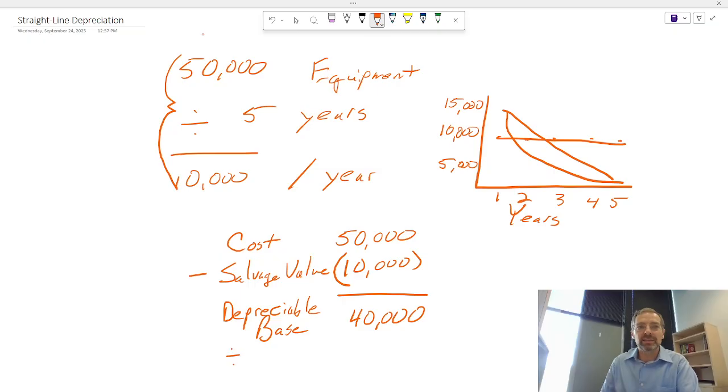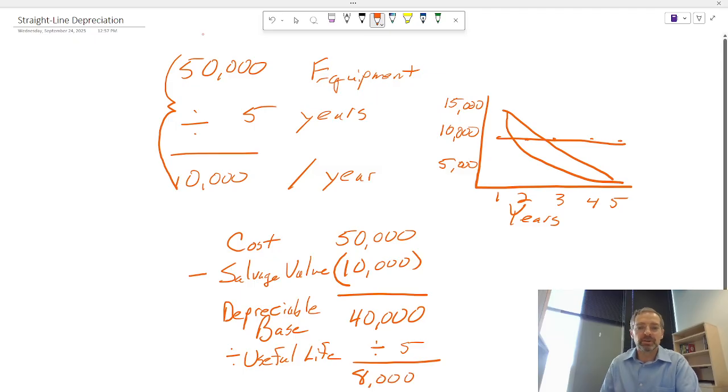All right, the last step is the useful life. And we said, how long are we going to use this equipment? It is going to be 5 years. So we divide it by 5, and instead of $10,000 per year, we get $8,000 per year. So just a slight nuance to how we do straight line depreciation.